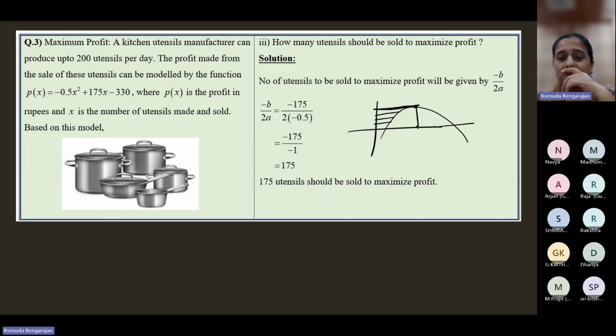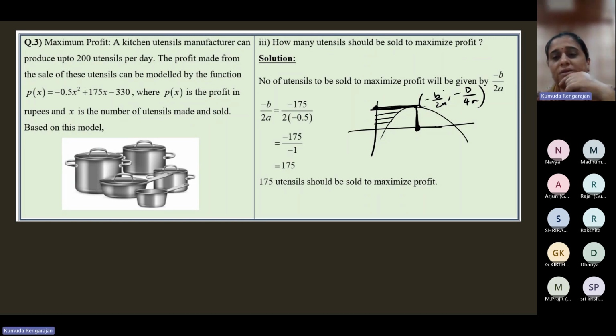Then so many vessels should be produced. If this many vessels are produced, then the company can make maximum profit. So -b/2a represents how many vessels should be made, the x coordinate. -D/4a represents the maximum profit made.